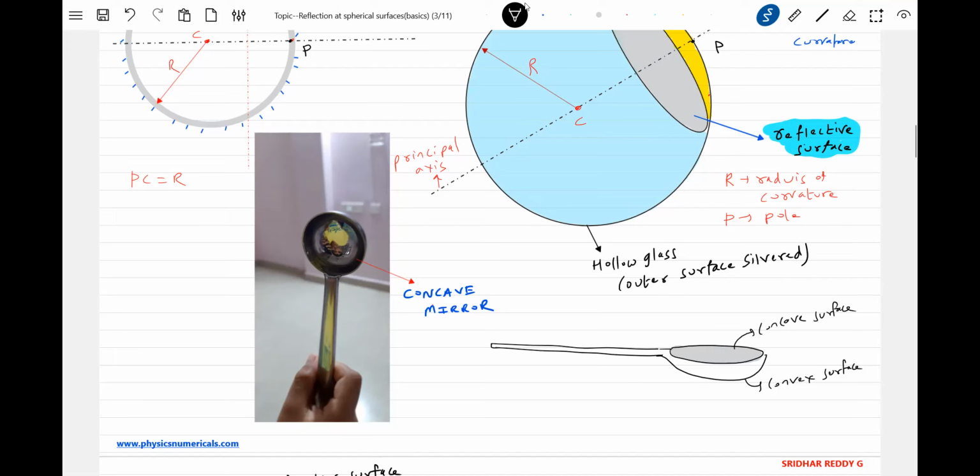Or you can take a curry bowl. It cannot be plastic. Okay, let this be a steel spoon. Some utensils, a curry bowl.